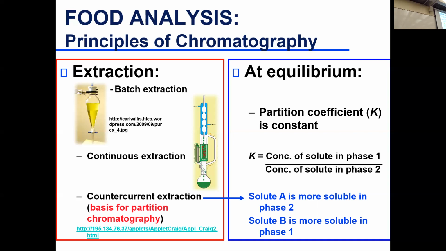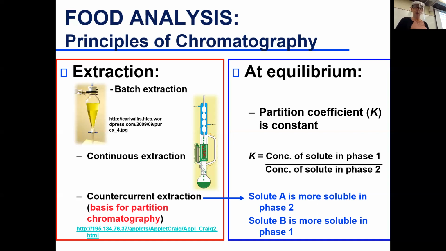So if solute A is more soluble in the stationary phase, and B is more soluble in the mobile phase, which will leave the column first? Gretchen? B? B, yes.